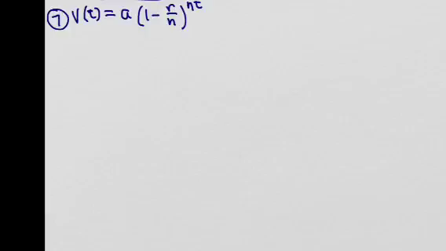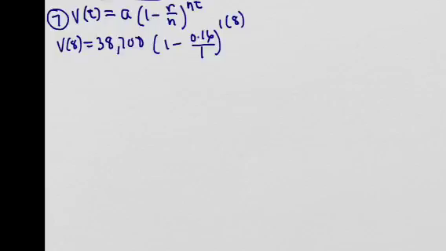So $38,700 times 1 minus 16%. It's per year, so that's 1 and 8. So this is 38,700 times, 1 minus 0.16 is 0.84 to the 8th power.